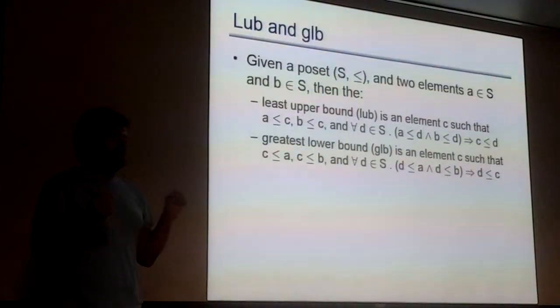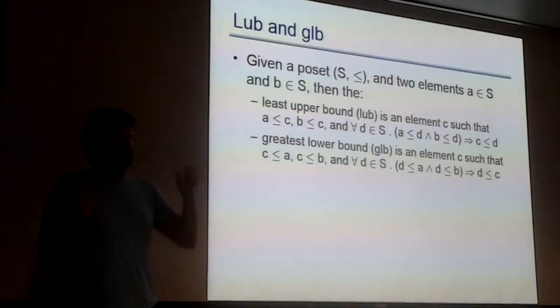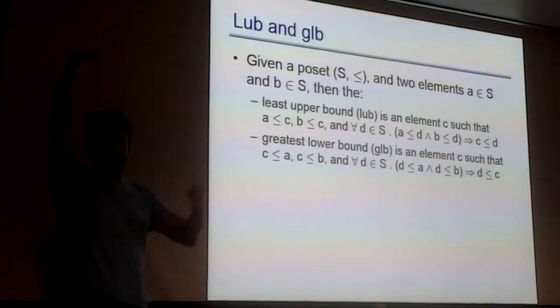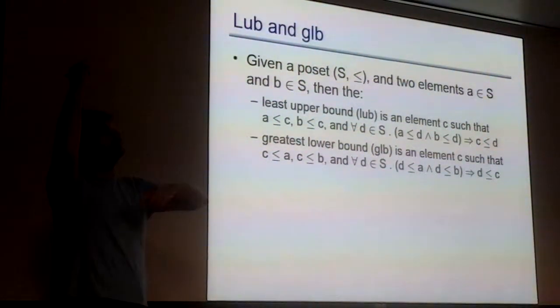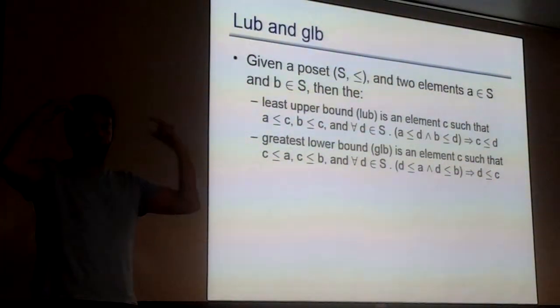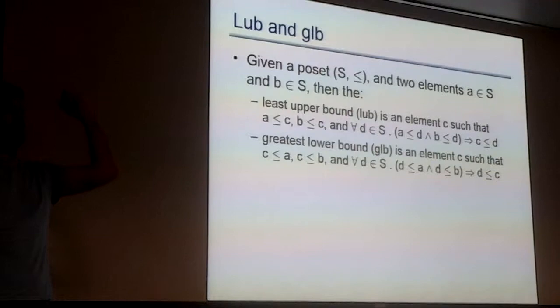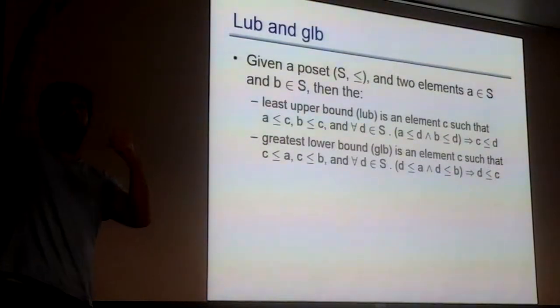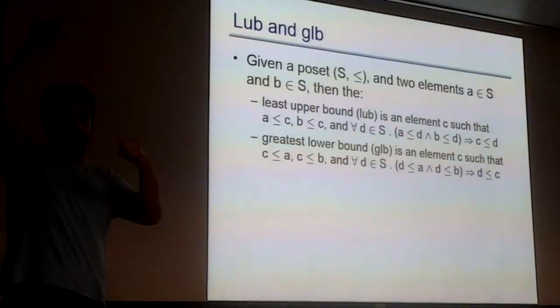Okay, what does it mean to be an upper bound on A and B? So I have A, I have B. What does it mean to be an upper bound? They're both less than it? Right. I think that's right. So or equal. It's an upper bound, so I have two things that are not greater. Right, so basically the upper bound has to be larger than both of these things, right?